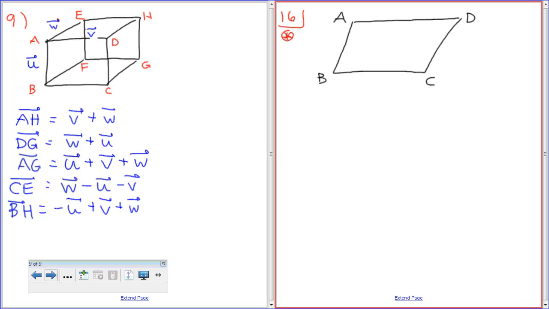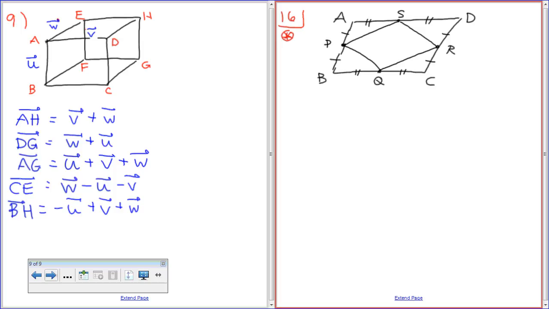Then we're going to say that P, Q, R, and S are the midpoints of AB, so this is P, this is Q, this is R, and this is S. It says those are all the midpoints. Why can I put one slash on the left and the right for that?